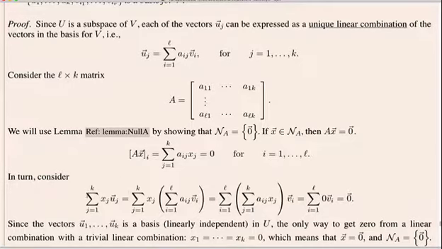Then we look at the following linear combination: the sum as j goes from 1 to k of xj uj. So instead of the x entries, we have the uj vectors here. That's a linear combination of the basis vectors in the U subspace.